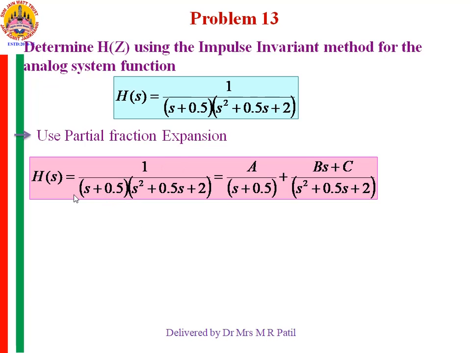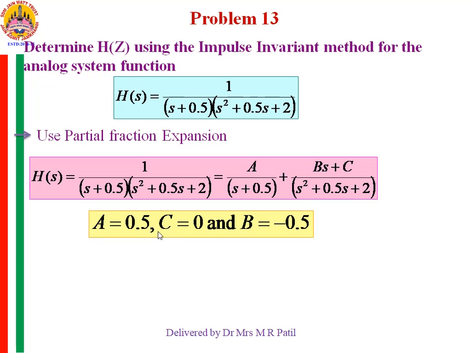To this H(s) you multiply by s plus 0.5 and substitute s equal to minus 0.5 and obtain A, and then cross multiply both sides and equate the constant coefficient terms. If you equate, you can find the B and C values. You will observe that C is equal to 0 and B is equal to minus 0.5.